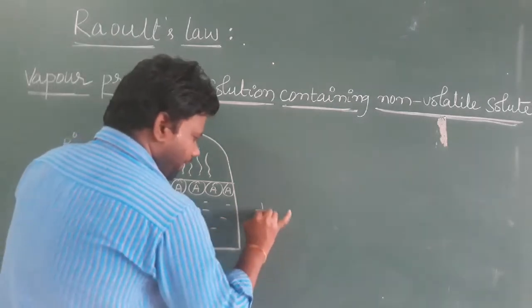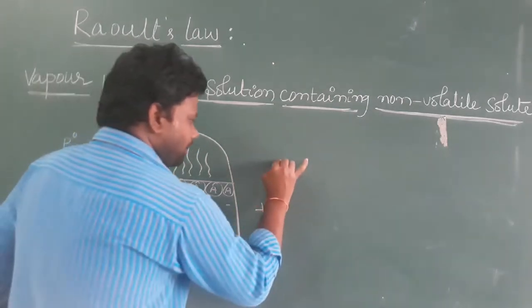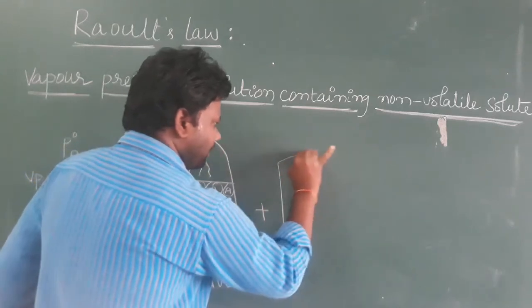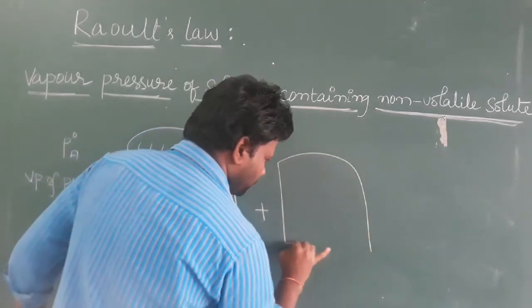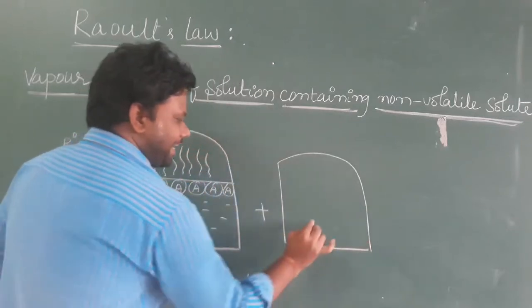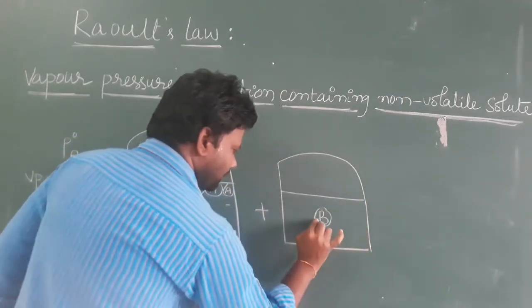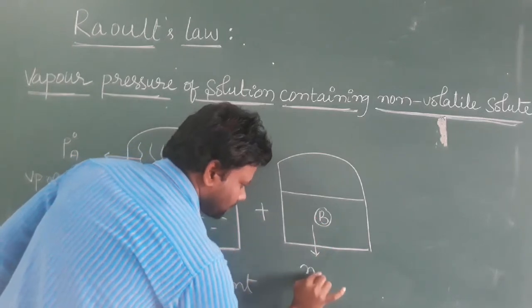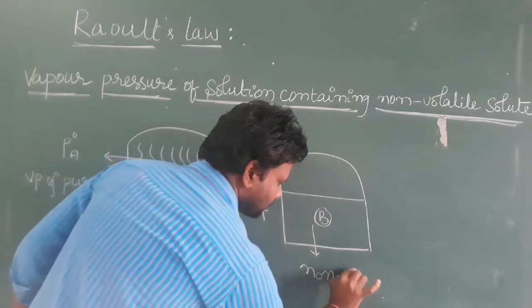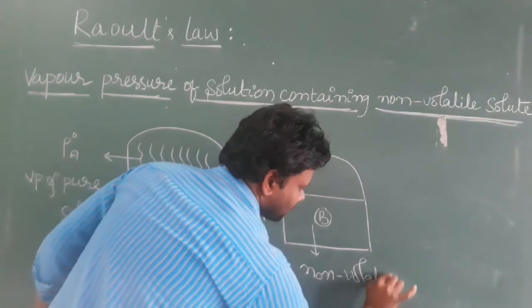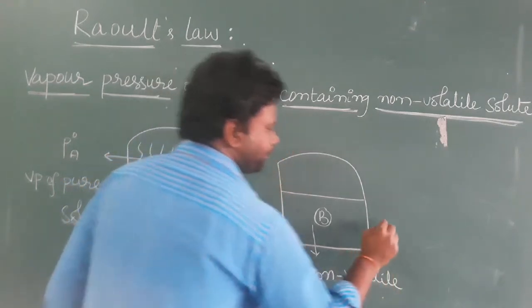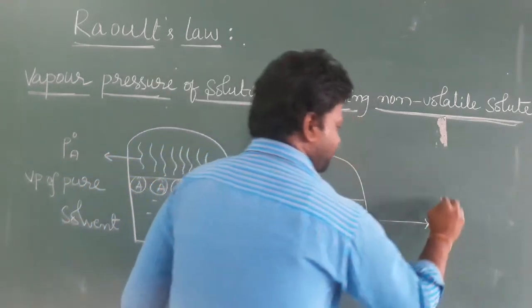So the pure solvent is mixed with a non-volatile solute, which is taken as B. This is the non-volatile solute, to form a solution.